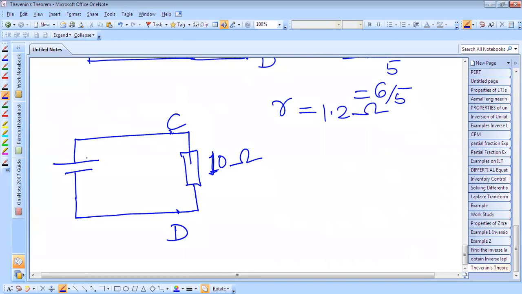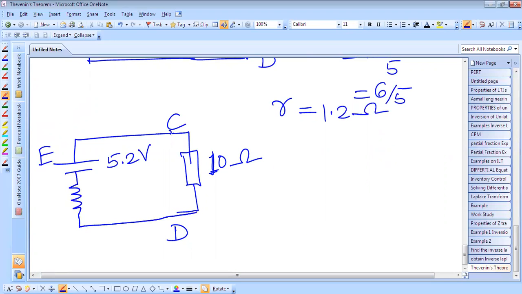This is the Thevenin's voltage we have found, that is the open circuit voltage across terminal CD. We have found it is 5.2 volt. And this is also having a resistance, which we have just found, r is equal to 1.2 ohm.